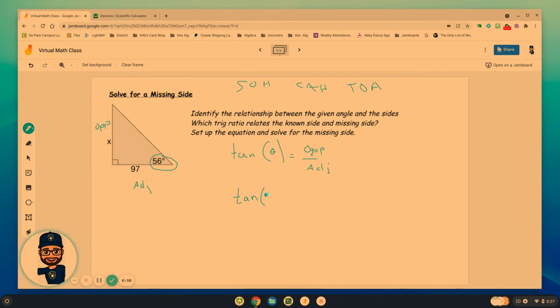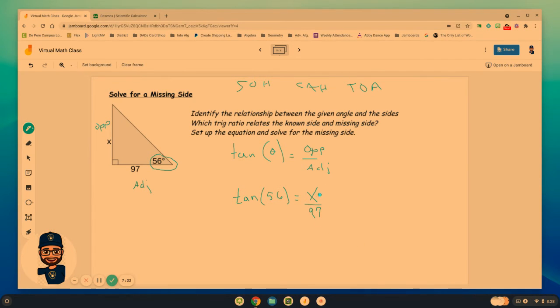We are using 56. Equals the opposite side, which is X, over the adjacent side, which is 97. So there's our equation that we're going to work with to try and solve.